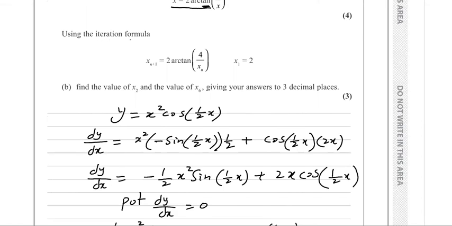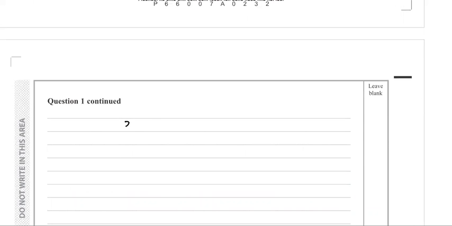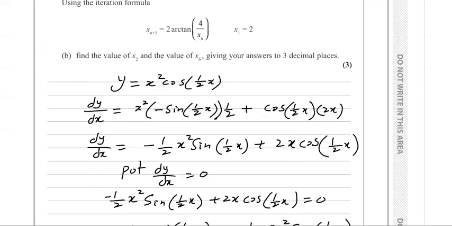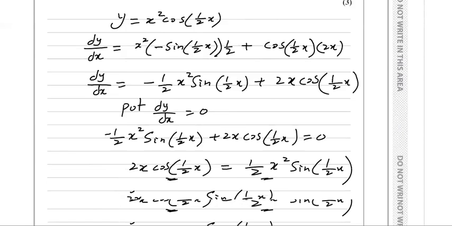using the iteration formula, this is the iteration formula given here. Let me write here x n plus 1 is equal to 2 tangent inverse 4 over xn.